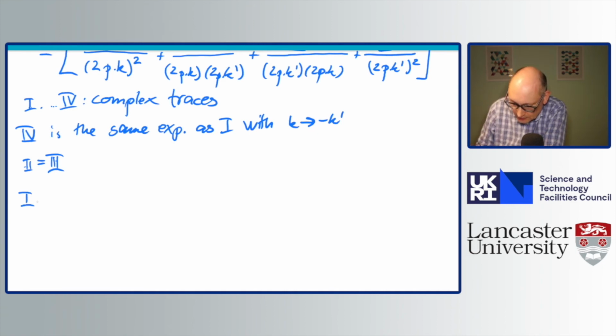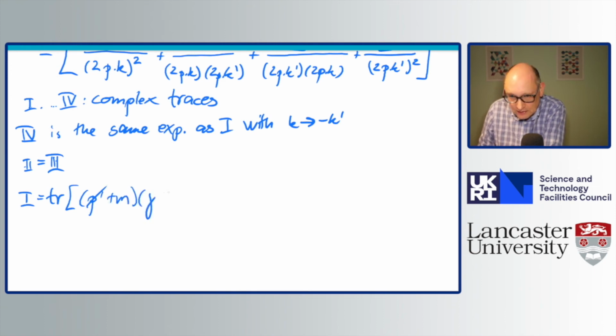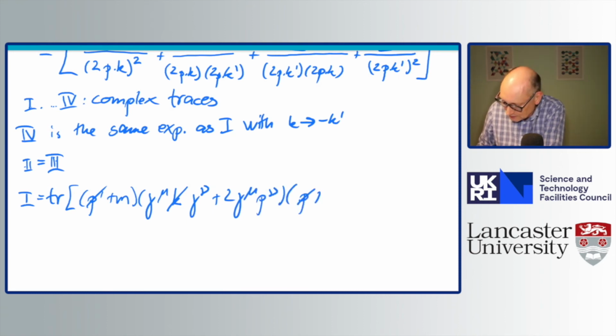So the first trace here is equal to the trace of (p prime slash plus m)(gamma mu k slash gamma nu plus 2 gamma mu p nu)(p slash plus m)(gamma nu k slash gamma mu plus 2 gamma mu p nu).